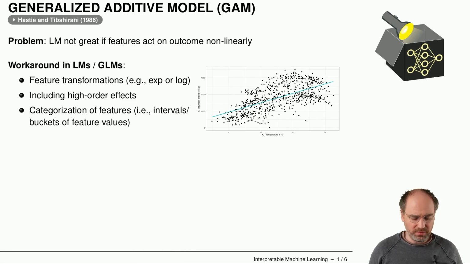Of course, there are certain workarounds that we can use in linear models or in general in GLMs. So we can do feature transformations, so we can take the exp of a feature or the log. We can use certain base functions.